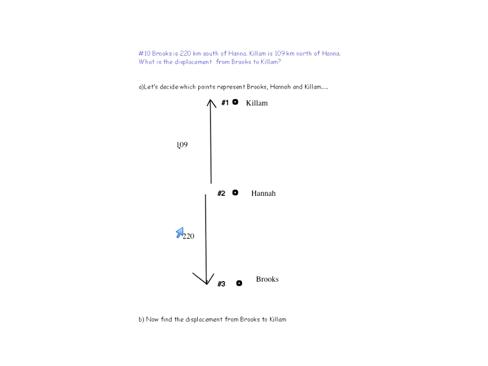So what are we going to do with these two numbers, 109 and 220, to find the displacement from Brooks to Killam? That's right, it's going to be 329 kilometers, because we're going to add the two together and find the overall displacement.